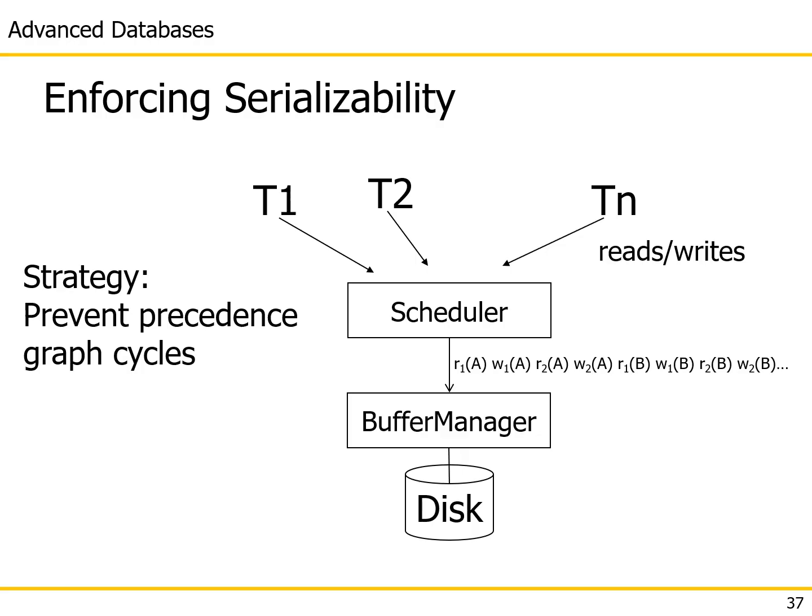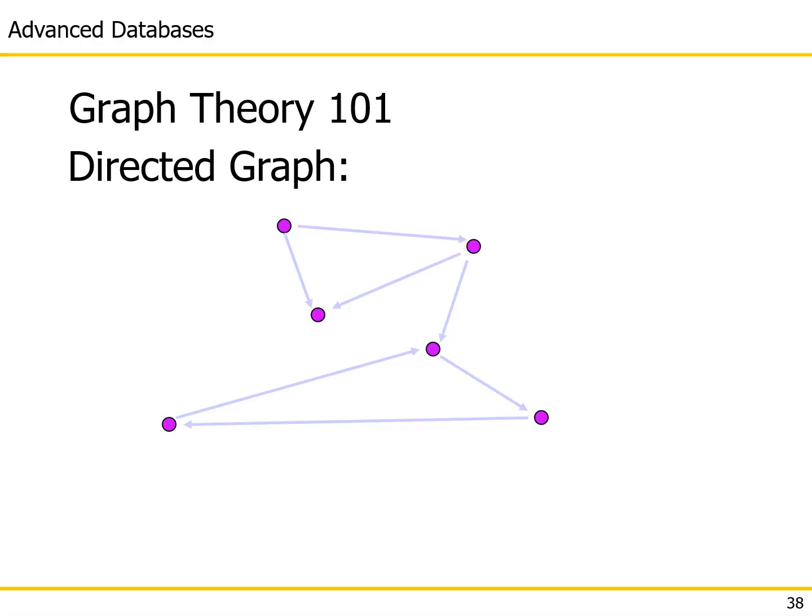Because maybe when it appends this new transaction and does the swaps that it usually does, there is a problem: it's not a conflict serializable schedule anymore, or a conflict equivalent schedule anymore. So it keeps constructing this graph as transactions arrive and looks for cycles to make sure that it is conflict serializable.